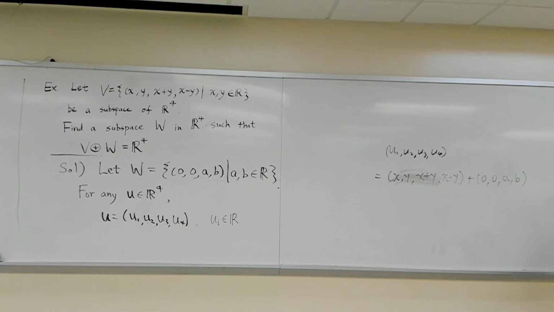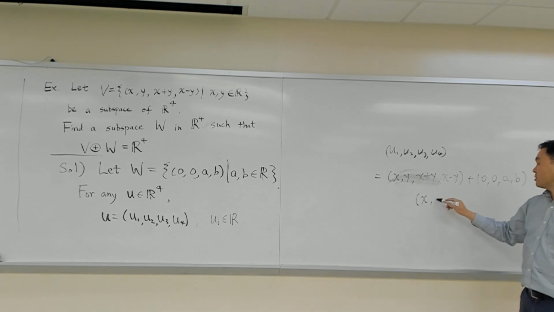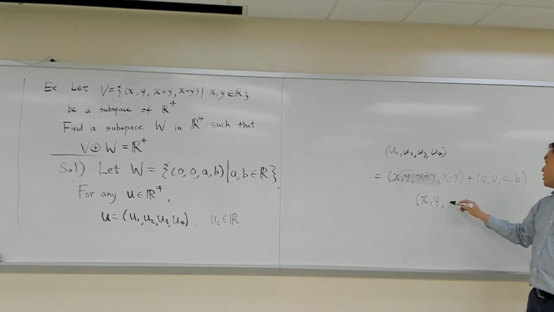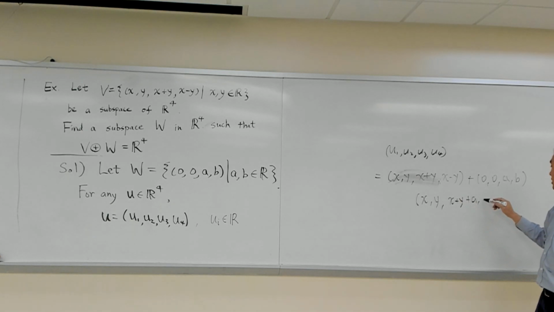And you shouldn't be writing this right next to that one. You should be writing this in the corner of a page so you can erase it later. Okay, so if I compute this, what do you get? You get x, y, and then x plus y plus a, and x minus y plus b, right?